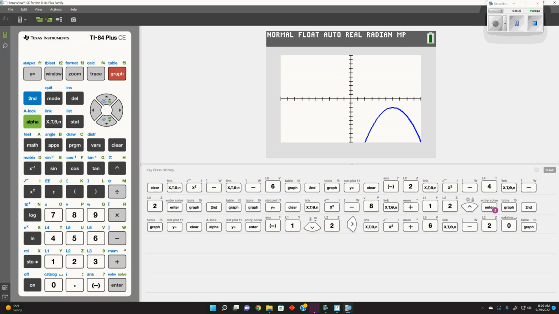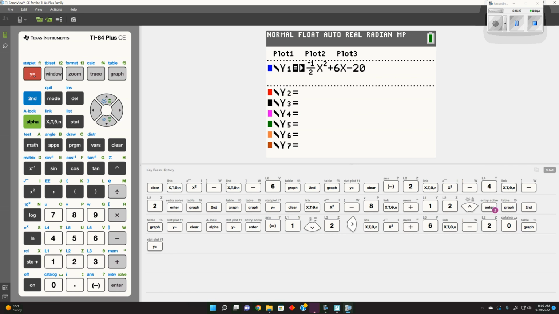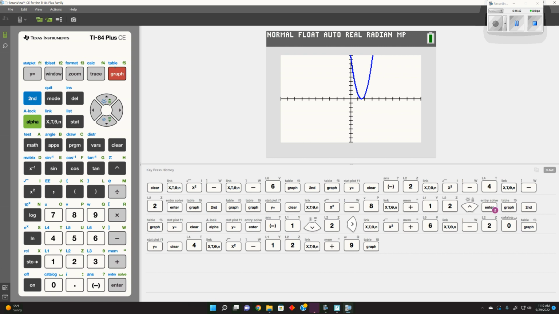So let's look at this one here. We can say y equals. Since it is already equal to 0, we can go on and type it in. So 4x squared minus 12x plus 9, and we can hit graph. Now, this one does intersect the x-axis, yes? What value does it intersect at?